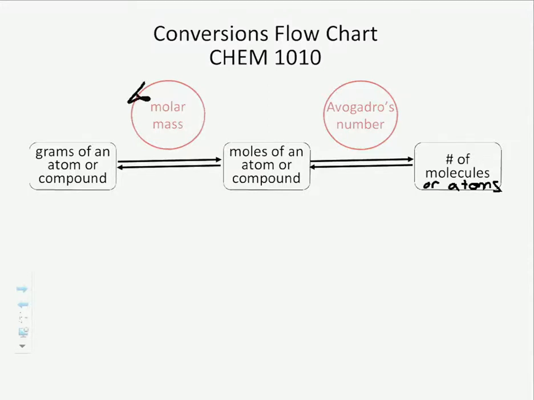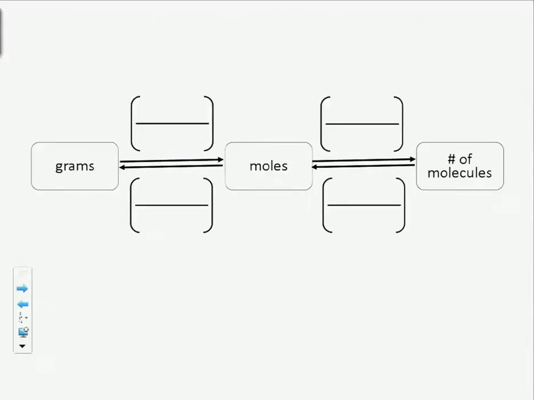So we've got molar mass, and we've got Avogadro's number. If I were to put these into little brackets to illustrate what conversion factors you're using, if you go from grams to moles, that means you want to end up with moles on top, and your grams are going to be on bottom because they're the grams you started with.